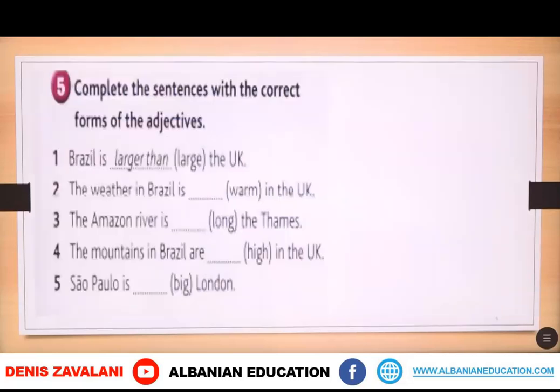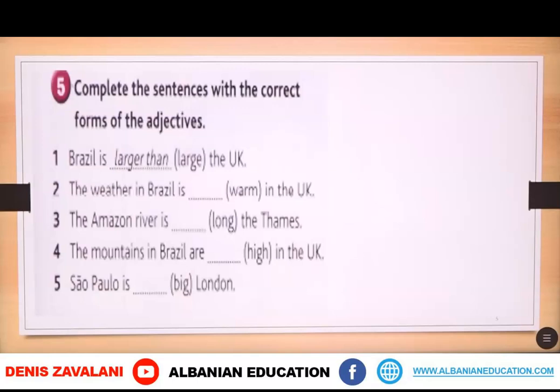Okay. Here we have some exercises that you are going to put in comparative or superlative form. You know, when we compare, we need two people or two things or two objects. But when we put it in superlative, then we put a person or a thing on top of everyone, on top of everything.